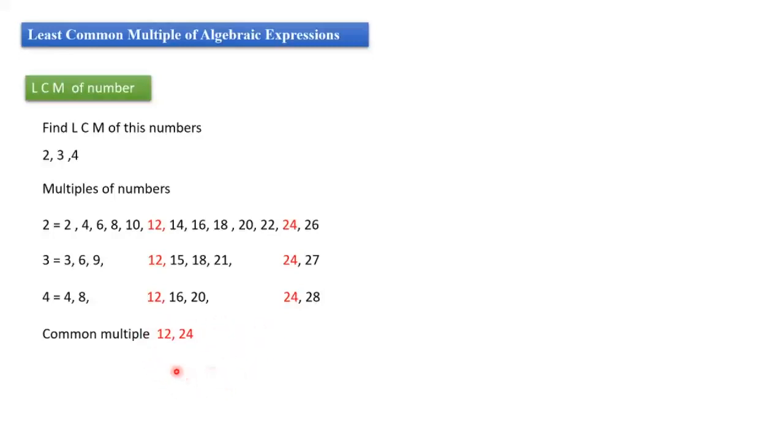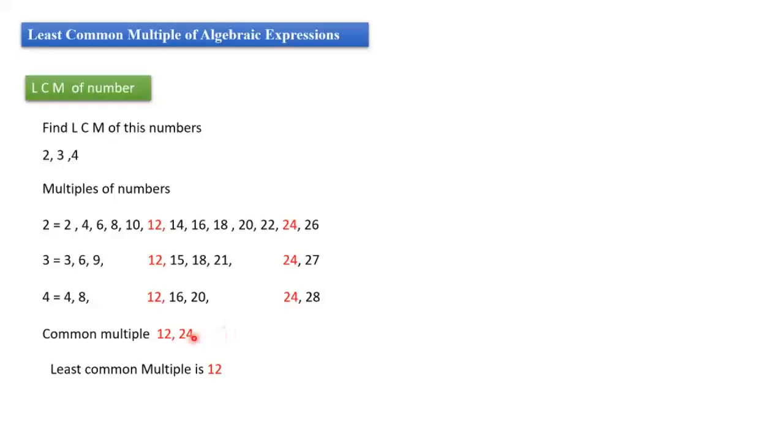Then you want to find the least one in this case. Which one is the smallest? That is called the least common multiple. It is 12.